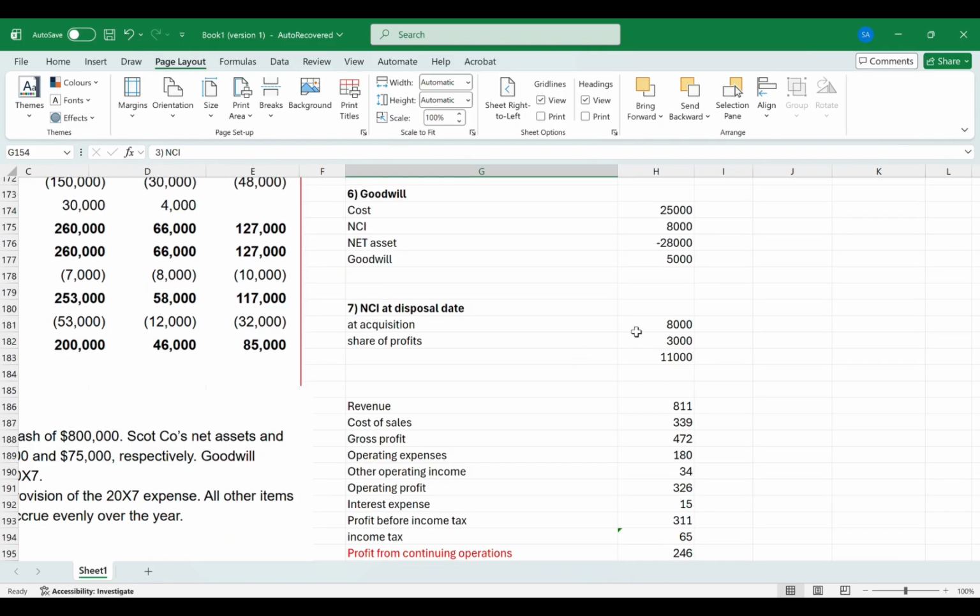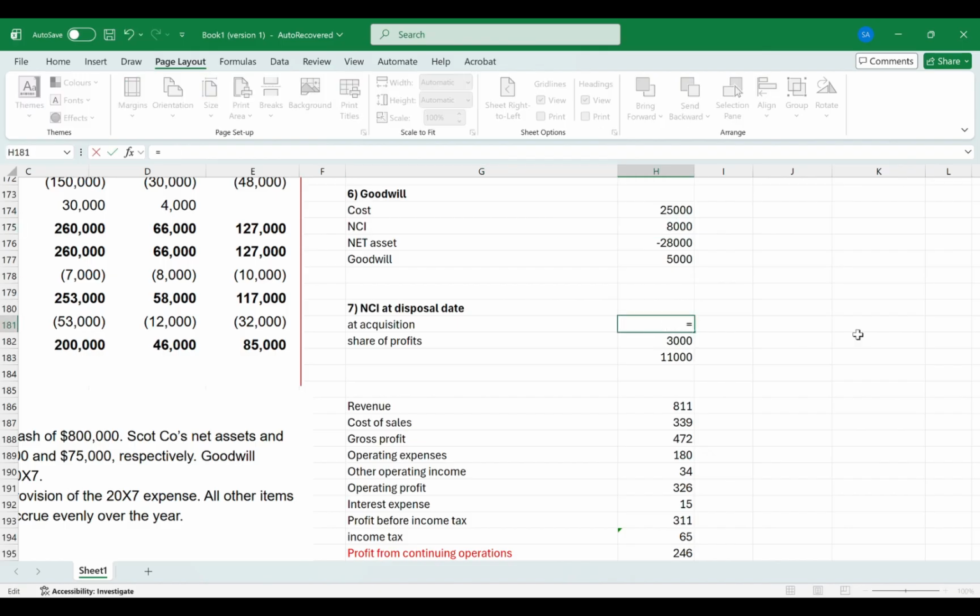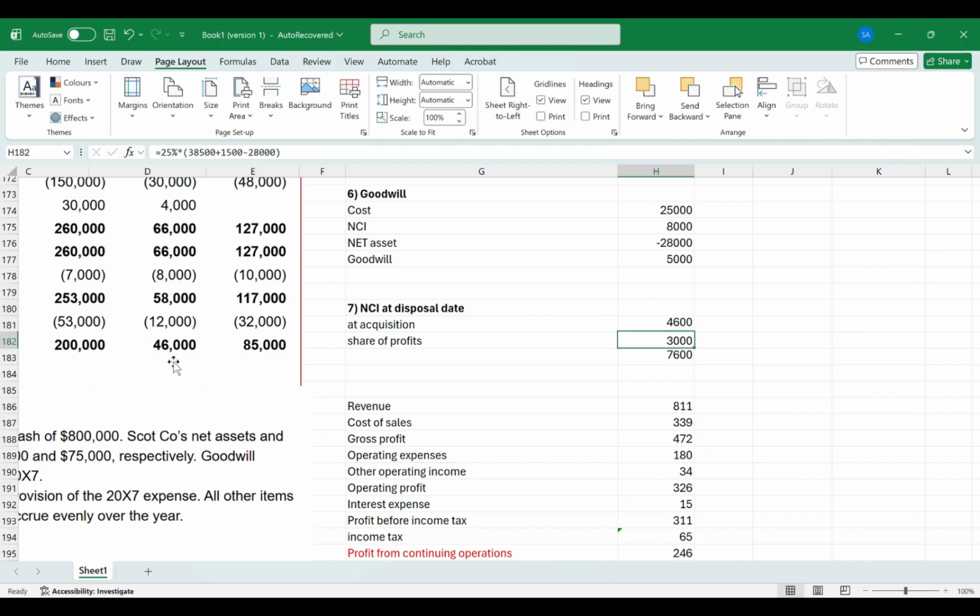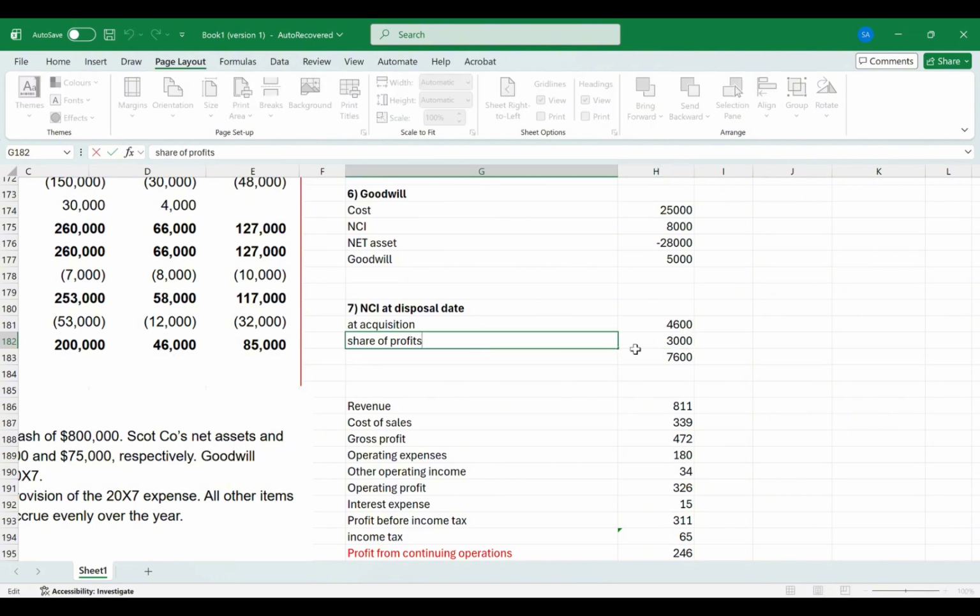So here, you'll be taking 10% of 46,000. That is this, the continuing subsidiary. That is easy. Next, from discontinuing, you'll be having 20% of 61,500.